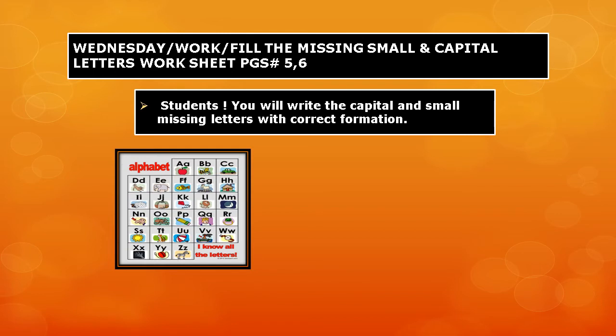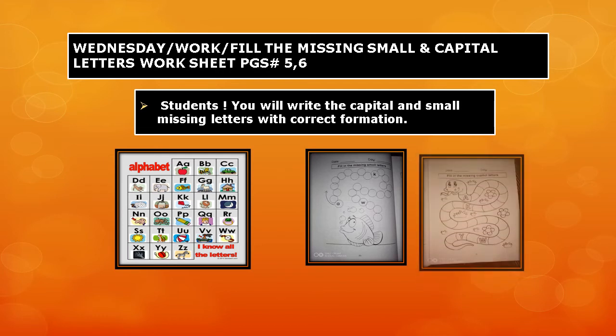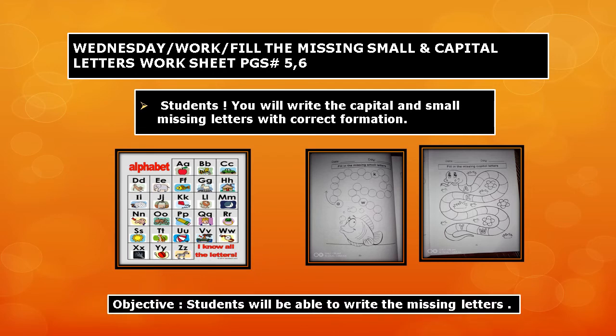You can see in this chart A to Z capital with small letter, and then come on the page number 5, open it, worksheet pad, and write the missing small letter. Then you will again come on the next page, page number 6. You will write the missing capital letters over there. And student, objective is student will be able to write the missing letters.